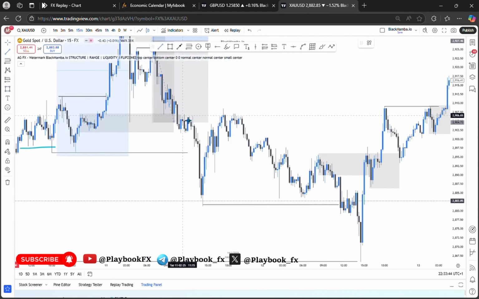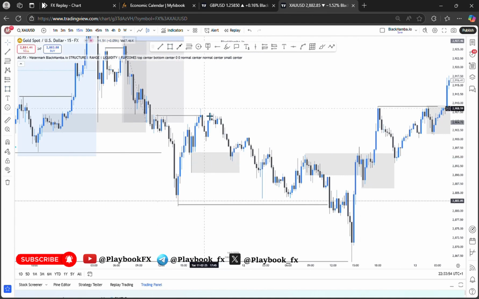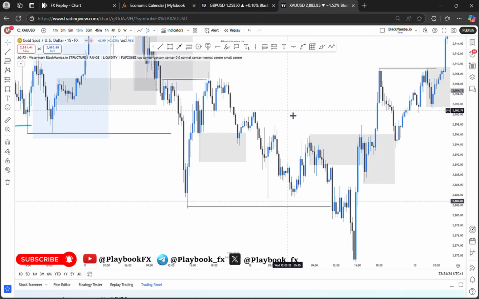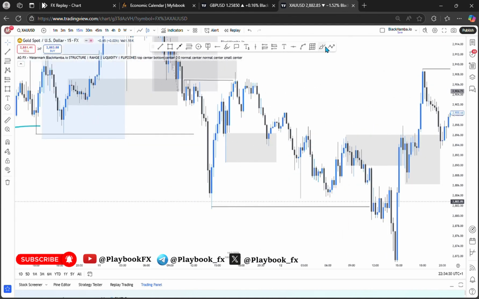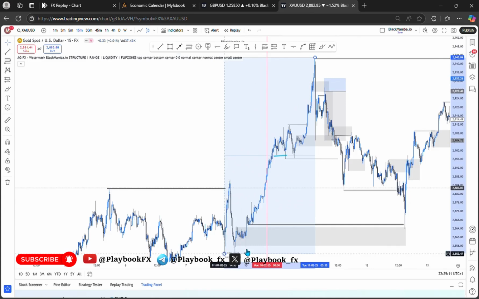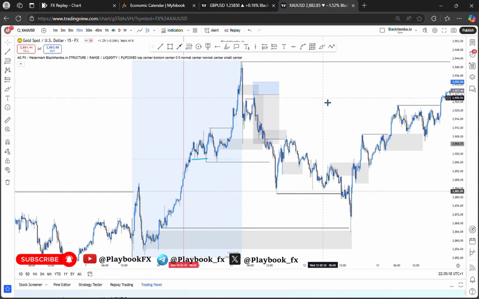Price swept liquidity here again, then pushed to the downside, mitigated another block inside this level here, then started selling. Now I started paying attention to sells immediately when price took out this low. Instead of having my range like this, now my range is from this flip zone here to this high. So I was expecting price to come inside the discount of this level.